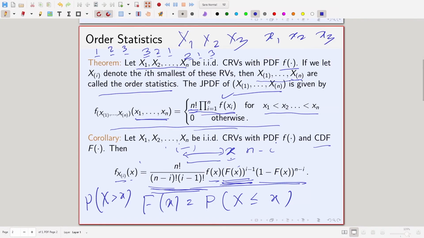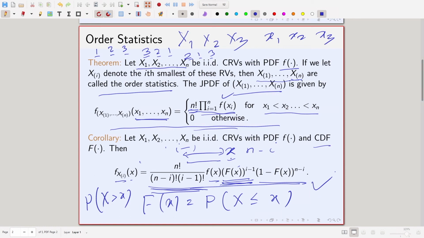Given n things, you have to choose which i minus 1 you want to give values less than x, and which n minus i you want to give values greater than x. That grouping can be done in n factorial divided by (n minus i) factorial times (i minus 1) factorial ways. So that gives rise to this density.